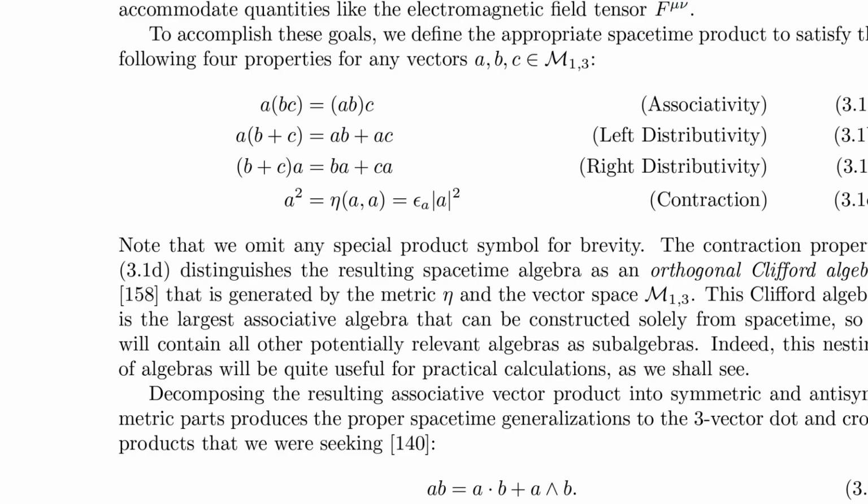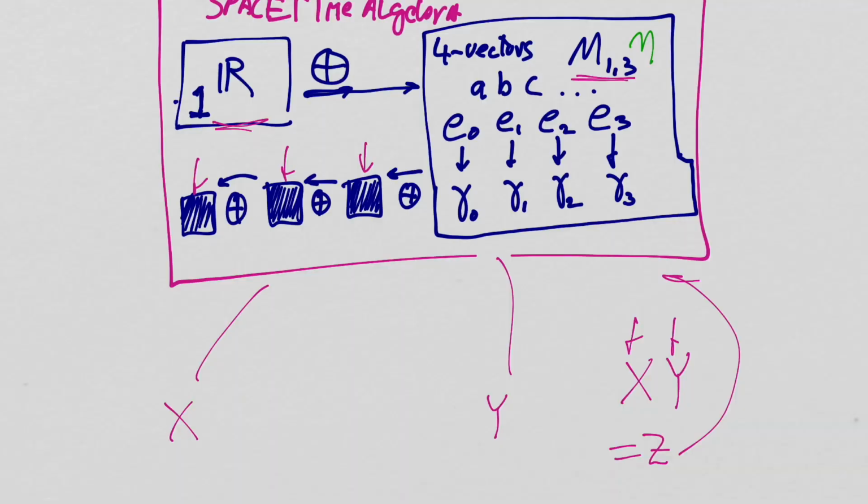What is forced in this little box is the axioms that the geometric product must satisfy. So whatever this product is, we force it to satisfy certain rules for these guys, and then we accept whatever we're forced to accept for everything else.